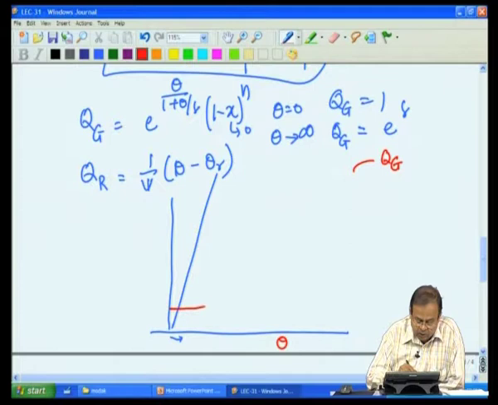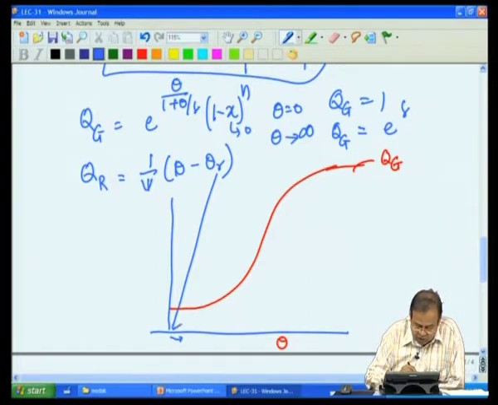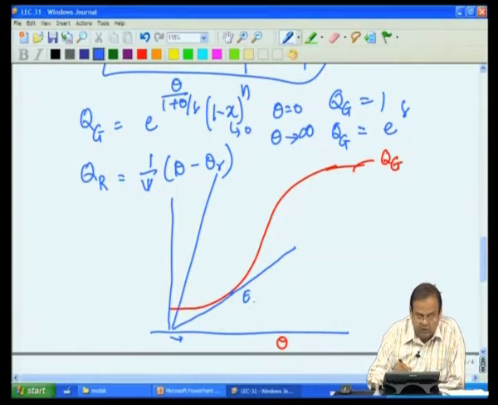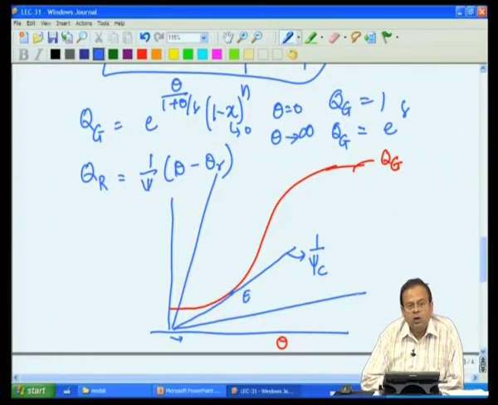So, this was our generation term, and now we know that if you have an operating line which is just tangent to this curve at this point, let us call this point E, with slope, let us say, 1 over psi c, some critical point, then any line which is below this is a sure shot for runaway reaction.